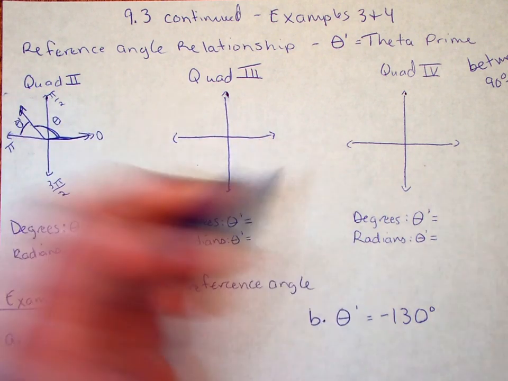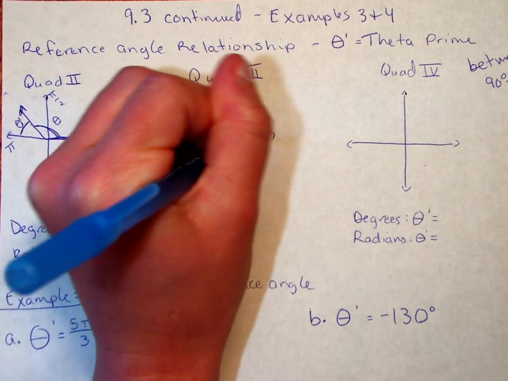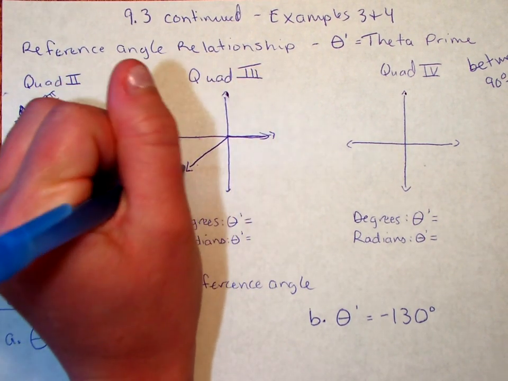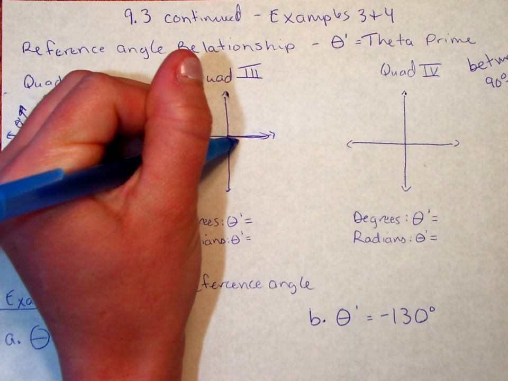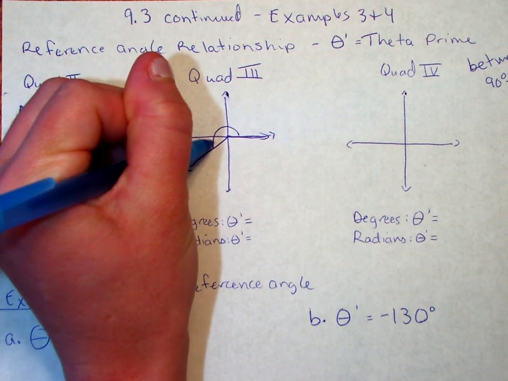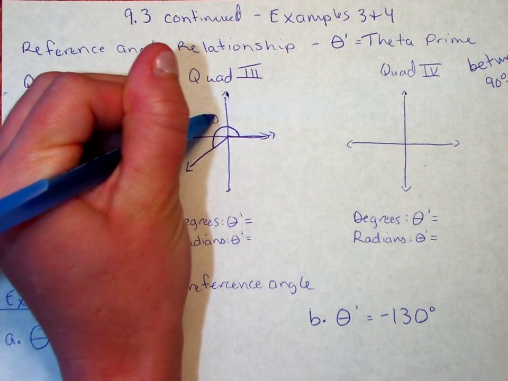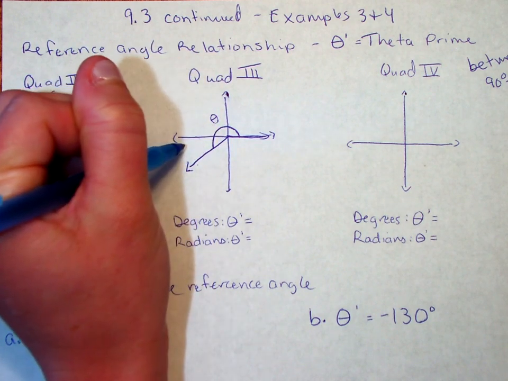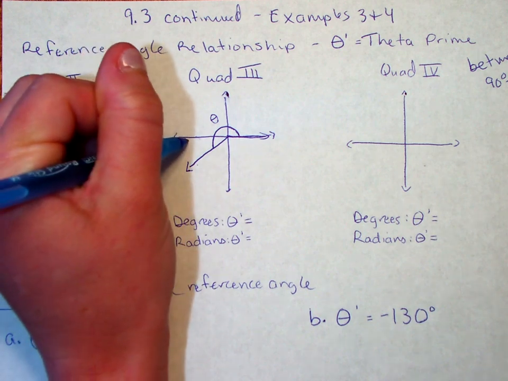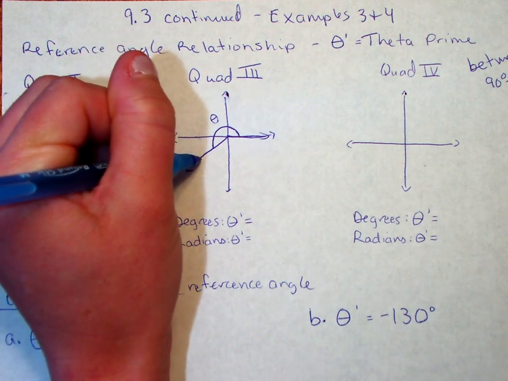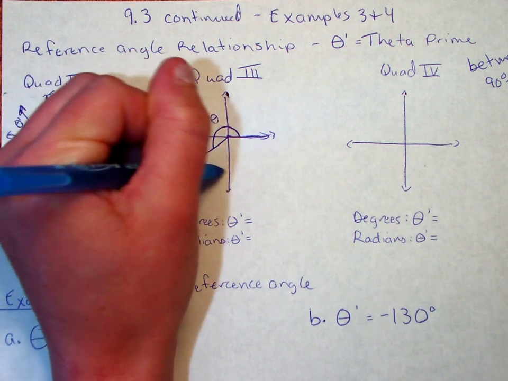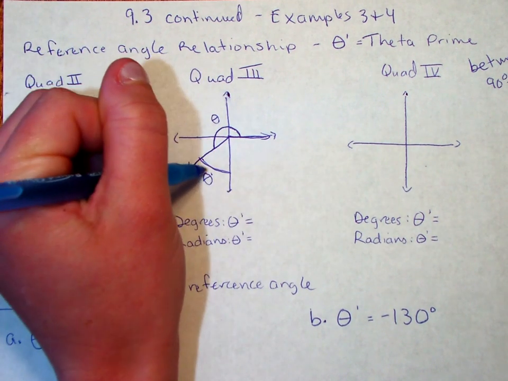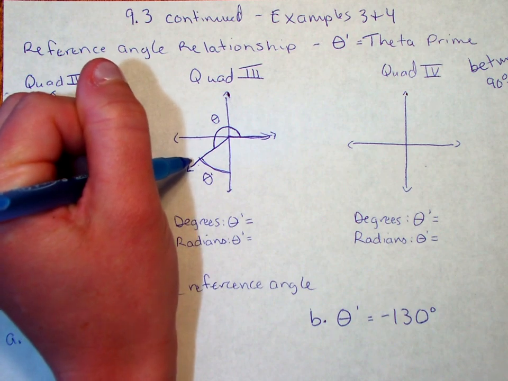All right, so in quadrant 3, that would be if an angle looked like this, quadrant 1, 2, 3. So here is your theta. This whole piece is your theta. Then this piece is your theta prime, finishing up the rest of the angle.